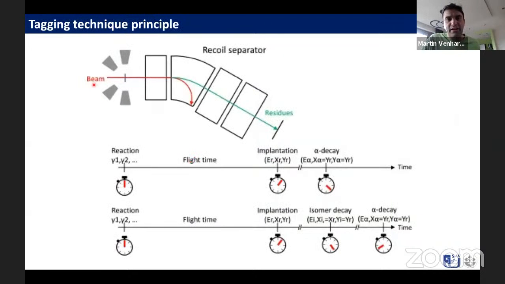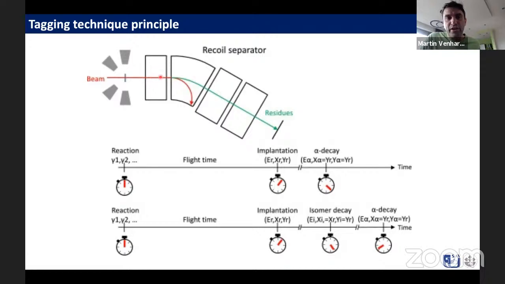It's better seen here. The beam comes to the target, hits the isotopic target, and you produce the isotope of interest, and it emits gamma rays, which are detected here. Most of the gamma rays are emitted while the nucleus is still inside the target.